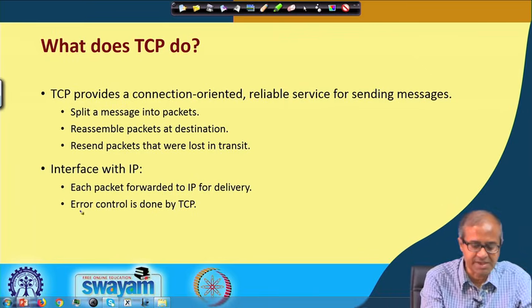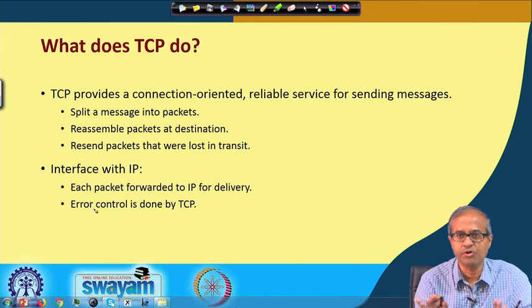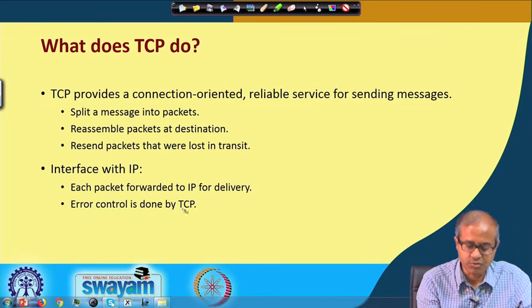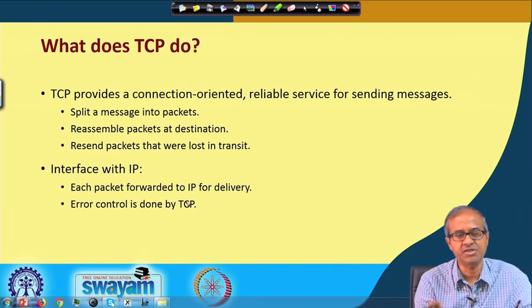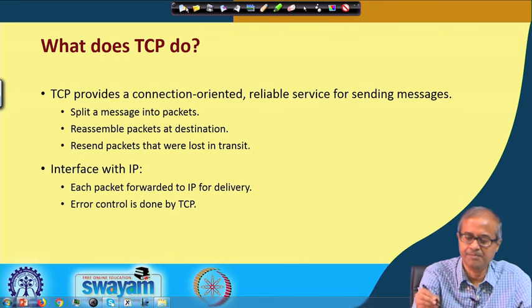And if there are some errors happening, well, IP will not handle any errors, it will be handled by TCP. TCP will check whether all the packets are arriving correctly or not, and if some packets are missing, it will be requesting the sender to send it again.